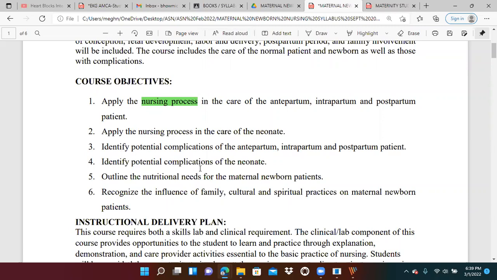Identify potential complications of the newborn and outline the nutritional needs, and also recognize the influence of family, culture, spirituality. So we actually provide the services to the patient. It would be holistic, meaning complete care, right?